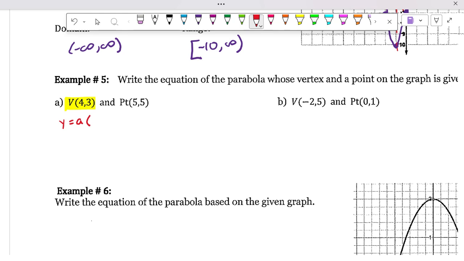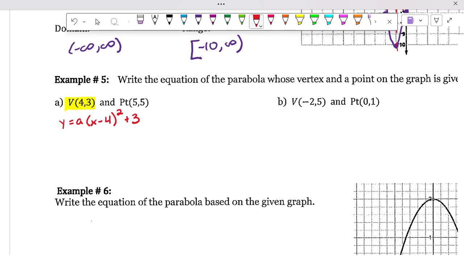So we know we would have x, then what would I put? Minus h. So minus what? 4, because that's my x value. All squared. And then what goes on the outside? Plus k, which is 3. All right. So that's my kind of unfinished vertex form for this function.